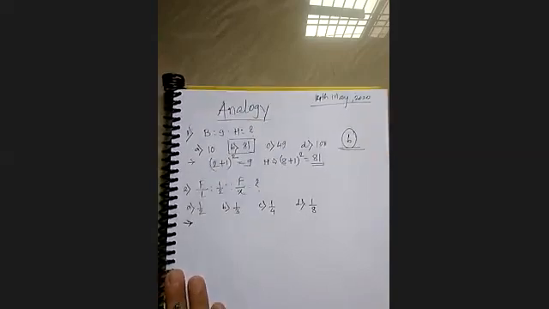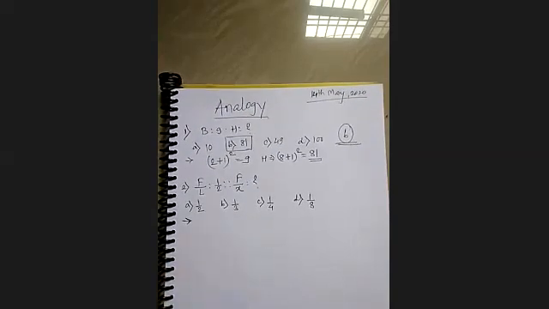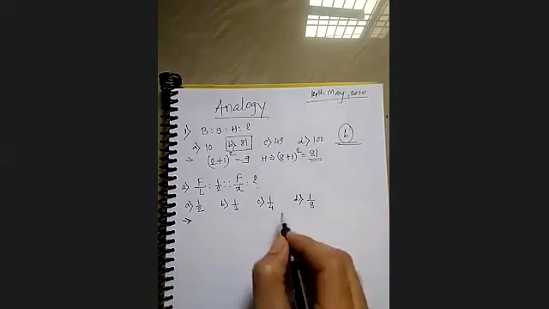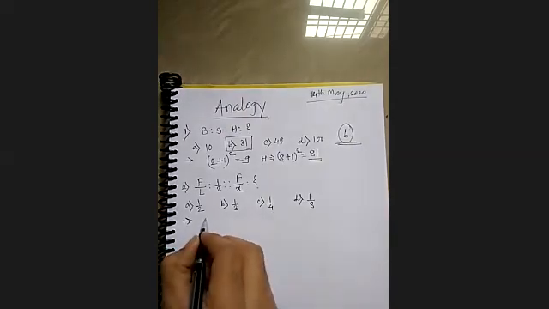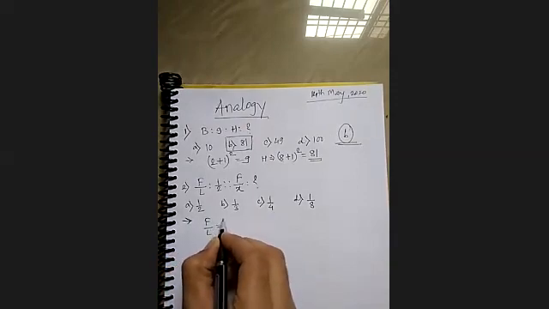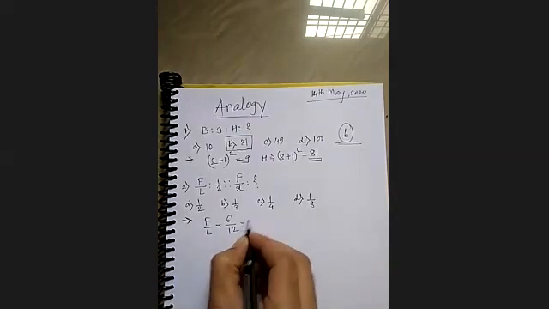So let's go through how it is option C, that is 1 by 4. Here F and L: F is having number 6 and L is at number 12. So it becomes 1 by 2.